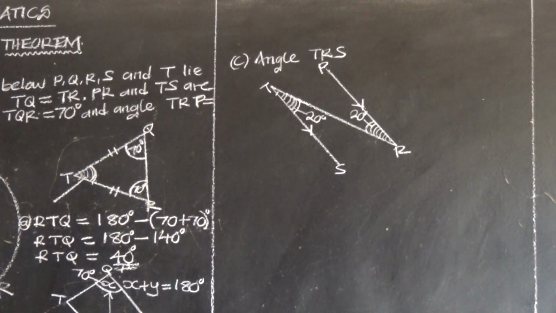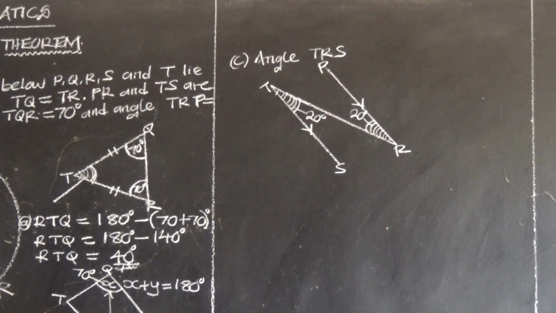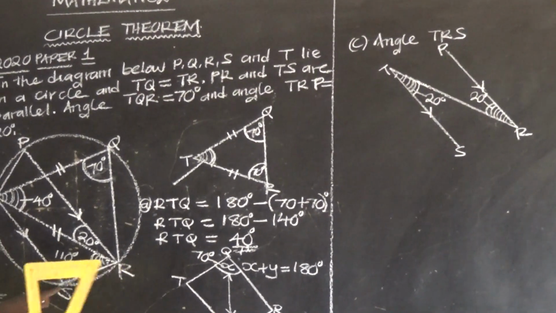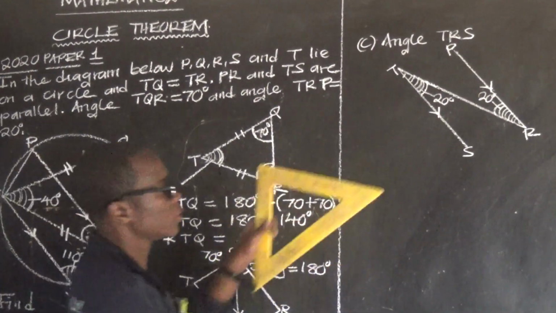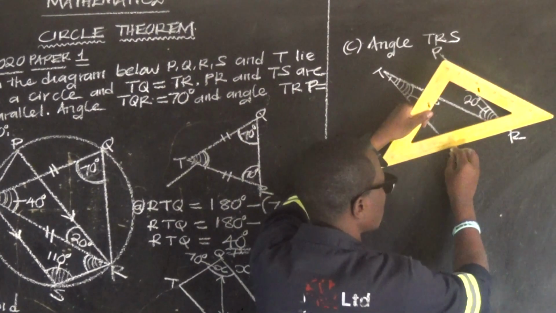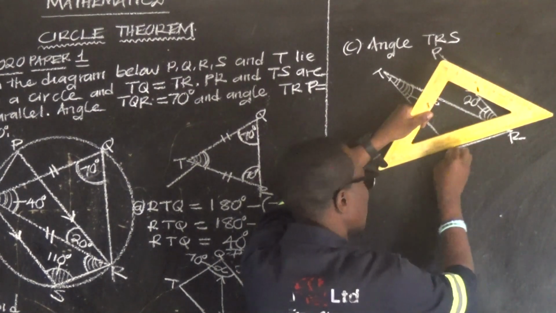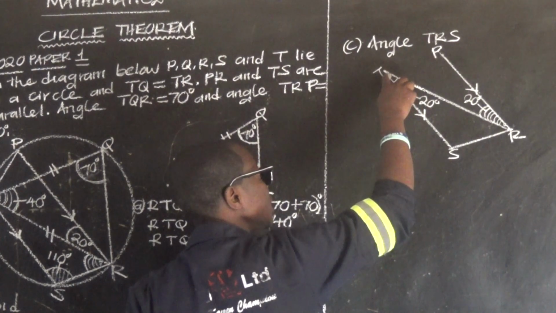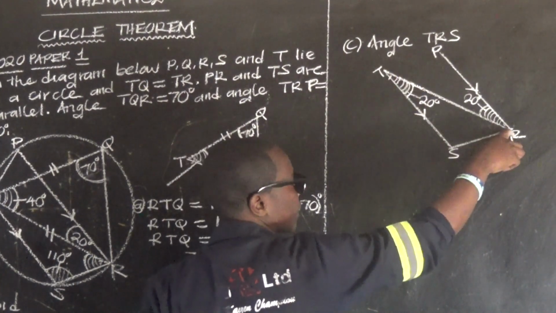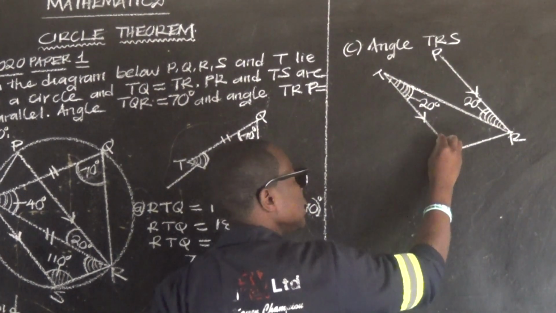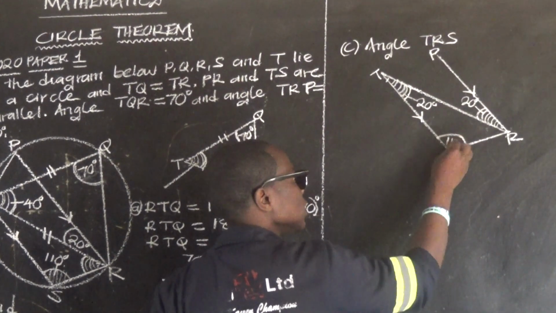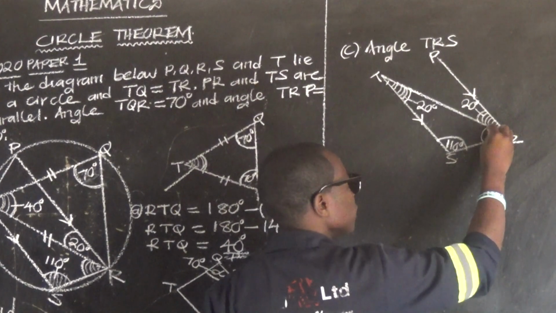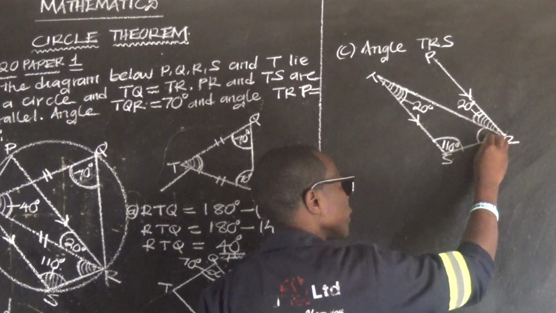Now, if we join S to R to come up with a triangle, which is triangle TSR. And we know, guys, that this angle is 110. Now, which angle do we want? We want this angle. This is the angle we want.